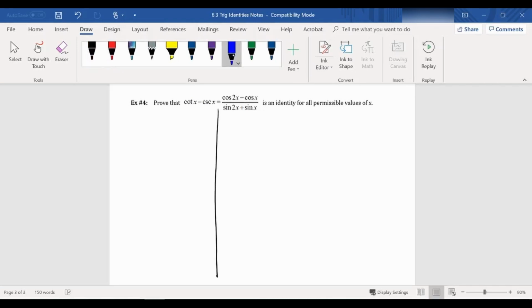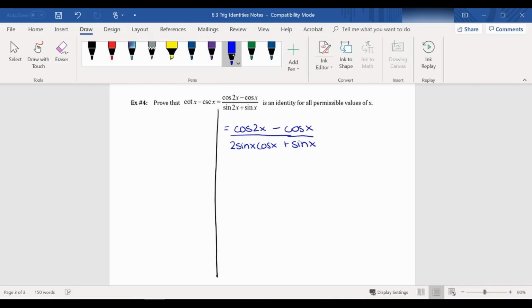And I'm going to change everything into sine and cosine. So on the bottom, I get 2 sine x cosine x plus sine x. On the top, I'm going to leave this for just a minute. Okay.